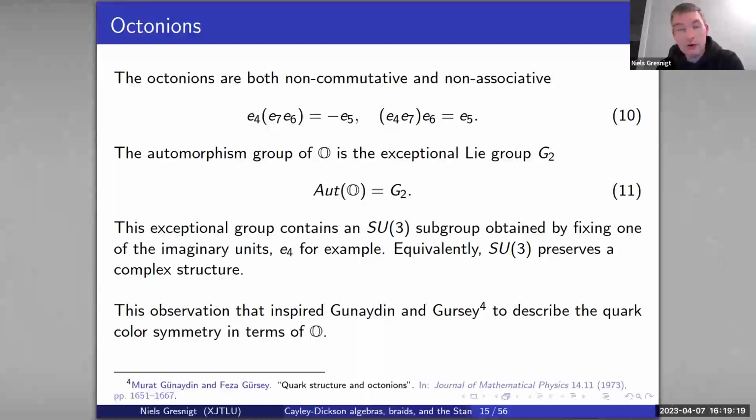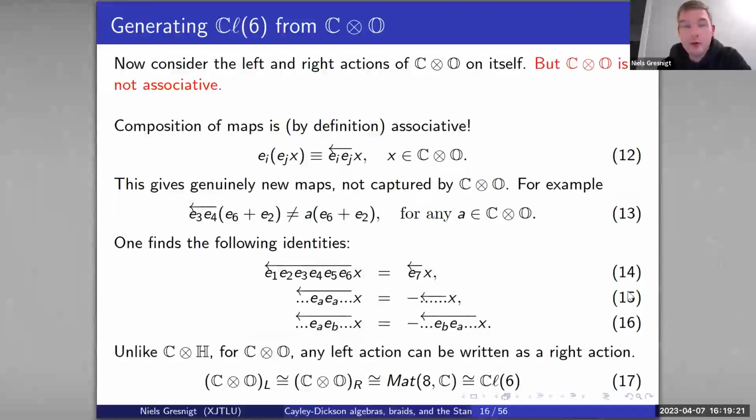So now let's have a look at what happens when we let the octonions act on themselves, just like we did for the quaternions. Now we need to be a little bit careful because the octonions are not associative. However, if we consider the composition of actions of the algebra on itself, then we would get something that is associative by definition.